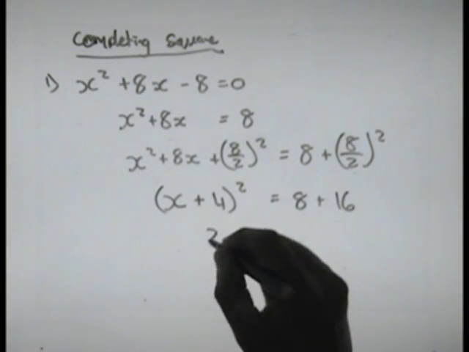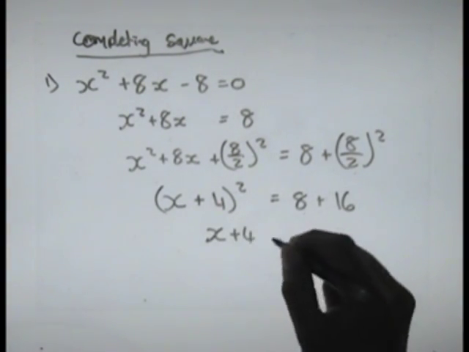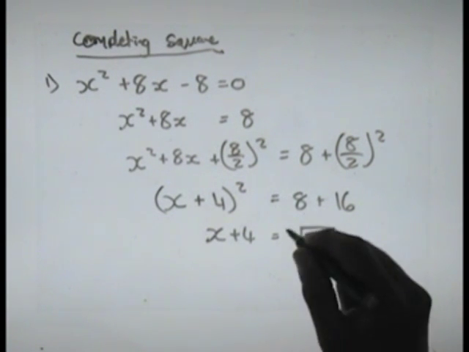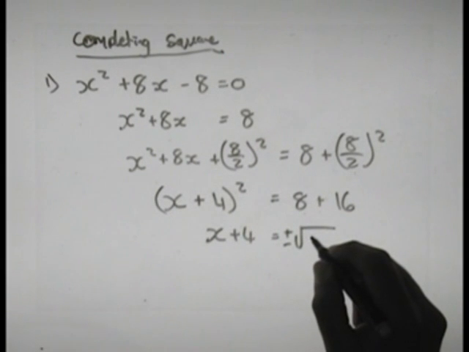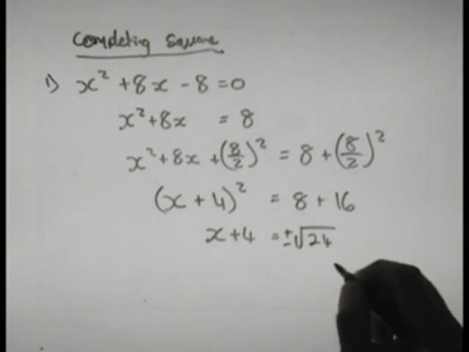That means that x plus 4 is equal to plus or minus the square root of 8 plus 16, which is 24.